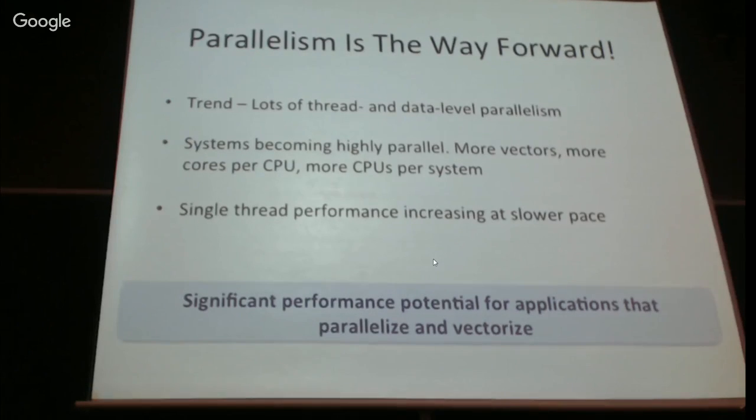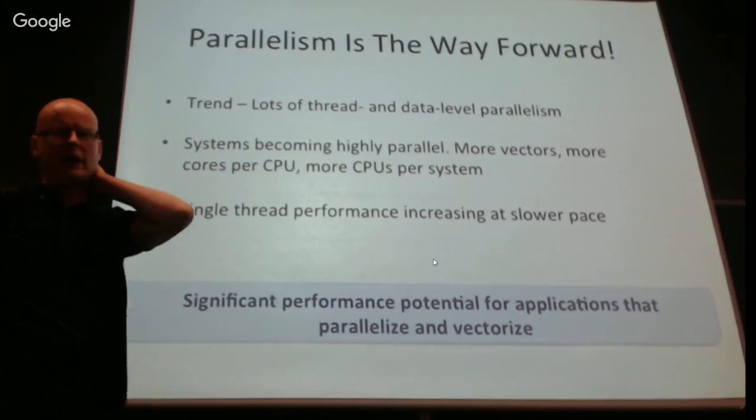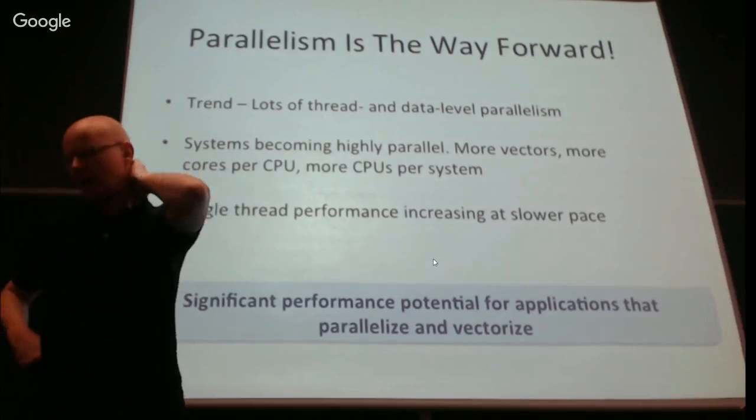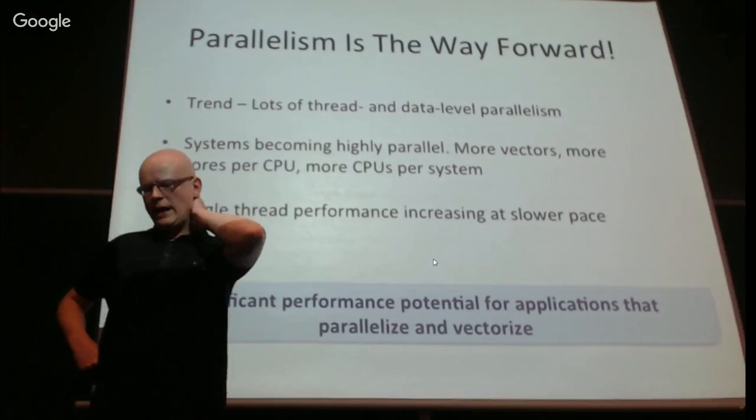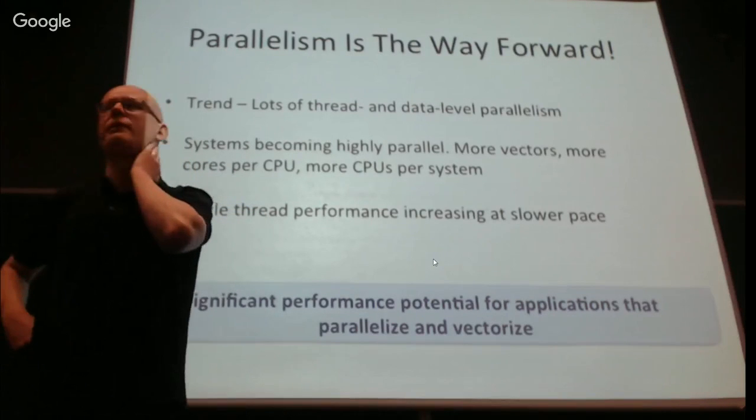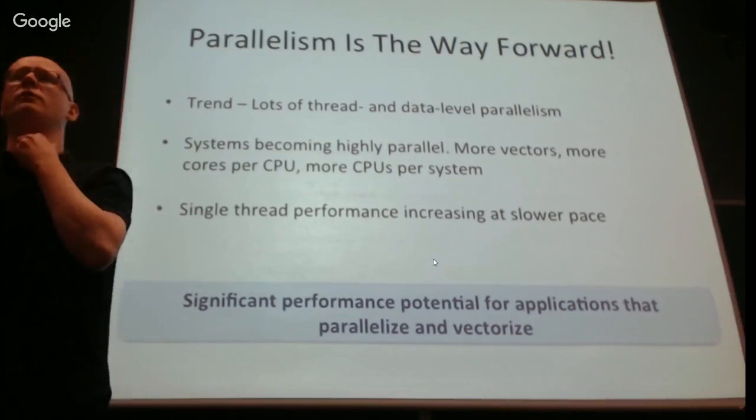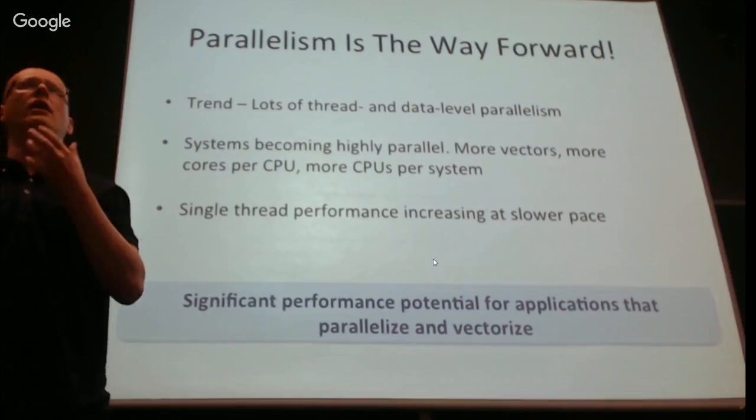Okay, so systems are becoming highly parallel, more vectors, more cores per CPU, and more CPUs per system. And single thread performance is increasing at a slower pace. So if you look at the Intel Xeon Phi architecture, and we will be looking at it in closer detail, you'll see that the frequency per core is much lower than you would see on a Xeon system.